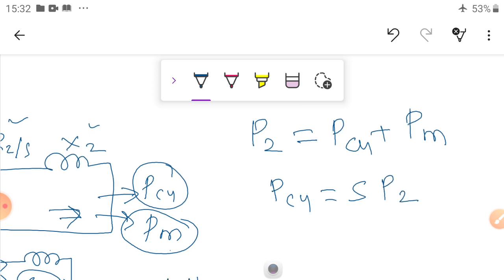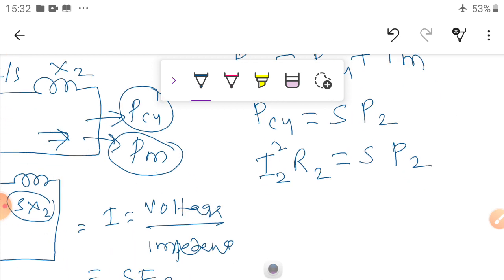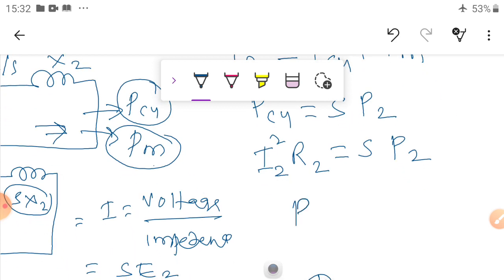Now the copper losses can be written in the form of current and resistance. So I can write it as I2 square R2, and this is equal to S times P2. I want P2, so I can write P2 is equal to I2 whole square R2 by S.